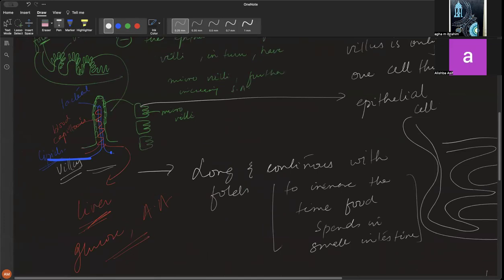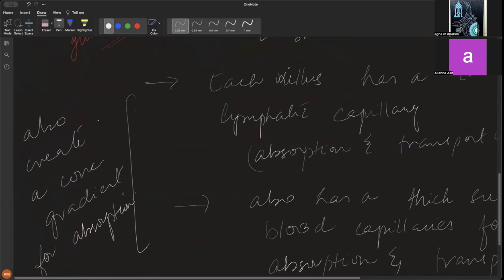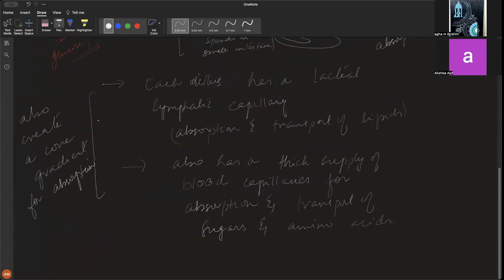The lacteal is responsible for absorption of the digested fat and takes it to the lymphatic system, and from there to the heart and wherever it needs to be assimilated. And the blood capillaries absorb glucose and amino acids to be taken to the liver through the hepatic portal vein, all right.